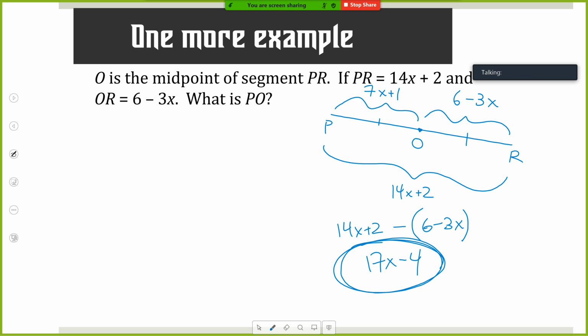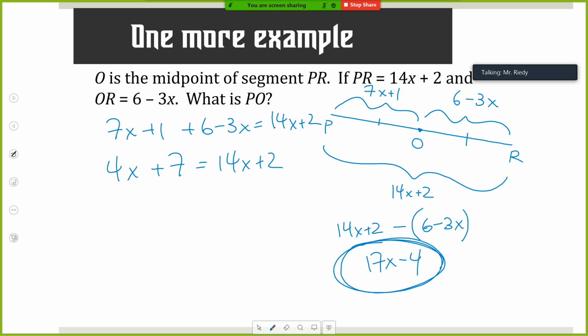Added together. Right? Okay, so we could say 7x plus 1 plus 6 minus 3x is equal to 14x plus 2. Okay, so that's 4x plus 7 is equal to 14x plus 2, which means that 10x is equal to 5, so x is equal to 1/2.